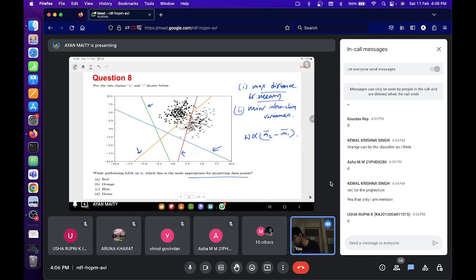So first we need to see where m2 bar and m1 bar lie. Sorry, this can be m1 bar, and this is m2 bar. This red straight line that I have drawn is m2 bar minus m1 bar.